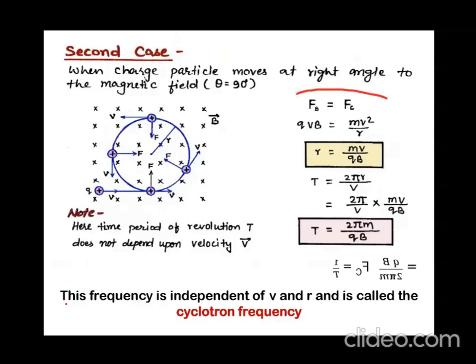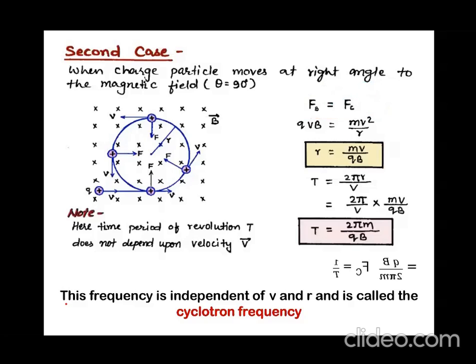So the magnetic force Fb will be equal to the centripetal force, because when a particle moves in a circular path, like the moon revolving around the earth, it is because of centripetal force. Here too the charge is moving in a circular path, so the magnetic force is doing the work of centripetal force. Means magnetic force and centripetal force are equal: Fb equals Fc.